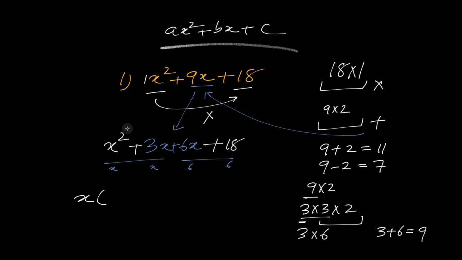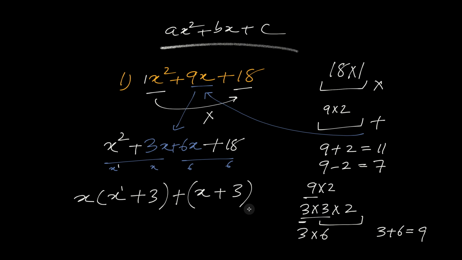If you divide x square by x, you get x, because you reduce the power from 2 to 2 minus 1. Plus, 3x divided by x, x is gone, so I can write 3. Now 6 divided by 6 is 1, so I'm not going to write 1. Instead, I'm going to say x plus 18 divided by 6 is 3.